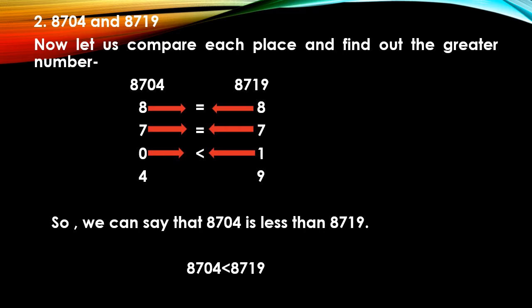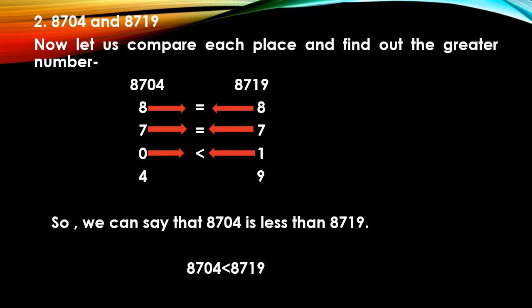Since thousands is same, we move to the next place, which is hundreds. Now we see that 7 hundreds is equal to 7 hundreds. Since hundreds is also same, now we compare the tens place.